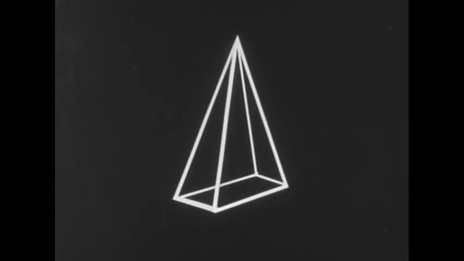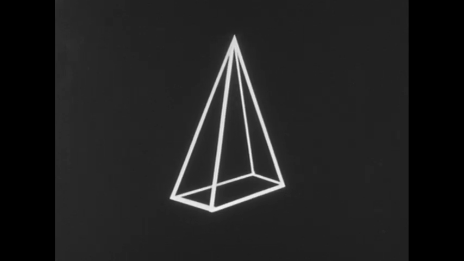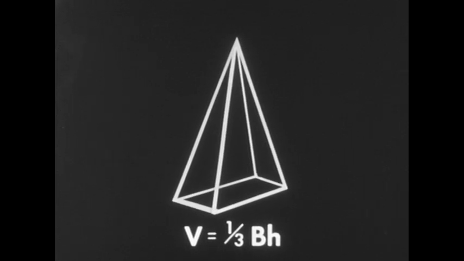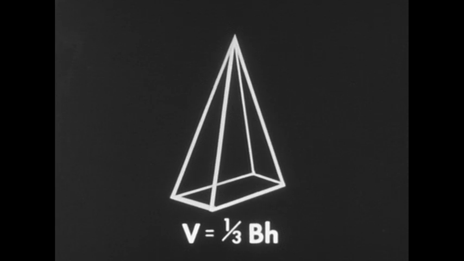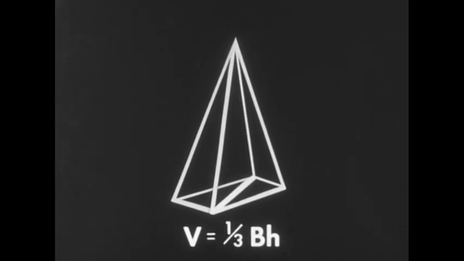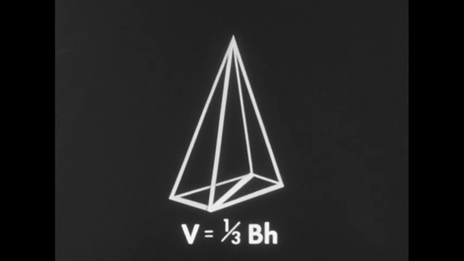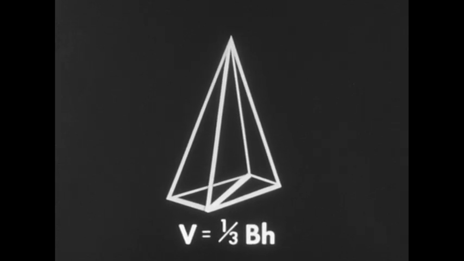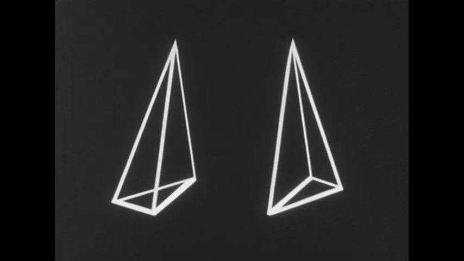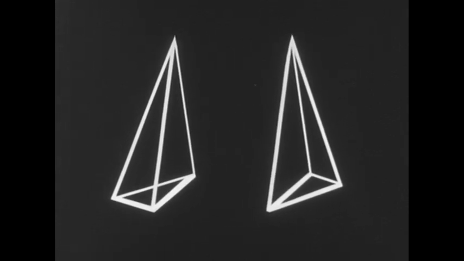By observing once more a rectangular pyramid whose volume is obtained with the formula V equals 1/3 BH, we find that if we bisect the rectangular base, we form 2 triangular bases, hence 2 triangular pyramids.